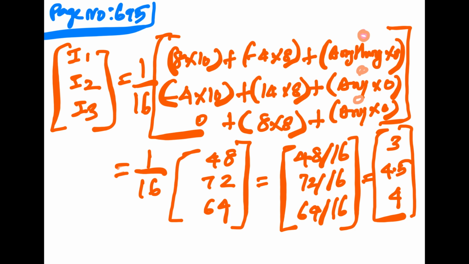We find I1 is 3 ampere, I2 is 4.5 ampere, I3 is 4 ampere.